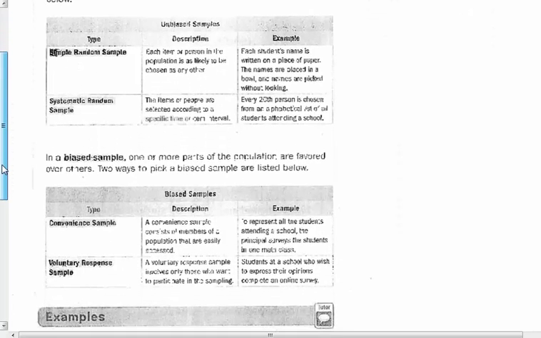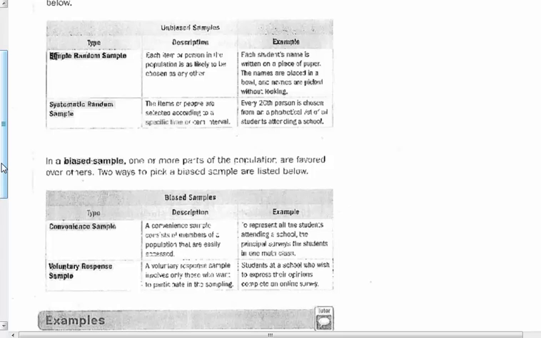Using simple random sampling, where each item or person in the population is as likely to be chosen as any other, so that was one of the requirements, and each student's name is written on a piece of paper, the names are placed in a bowl, and then the names are picked without looking. Every person had a chance because everybody's name was in the bowl, but you randomly pick out 3 names for the prizes or whatever.